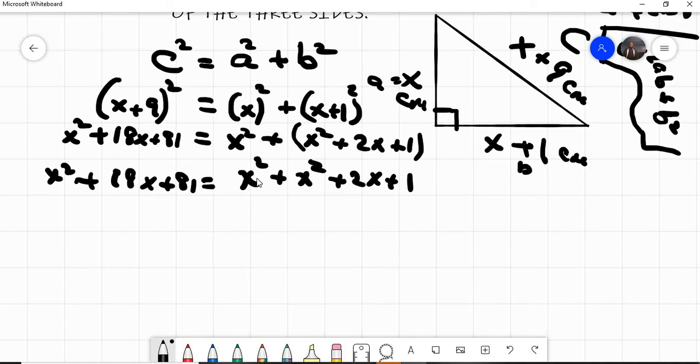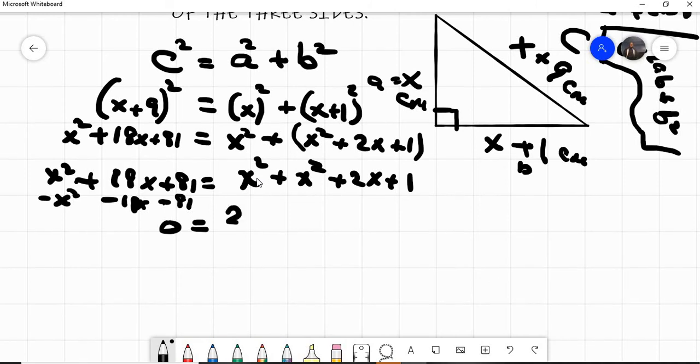On the left, I'm gonna keep the 0, which means all this has to go. So all this we're gonna subtract: x squared, minus 18x, minus 81. That's why it's gonna be 0. Here we write 2x squared when you add.